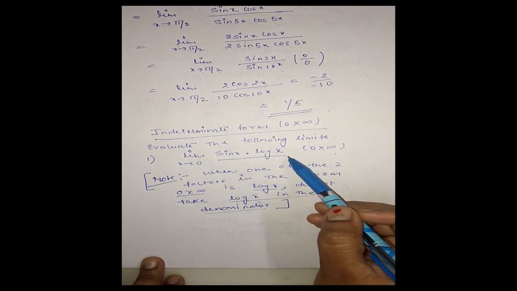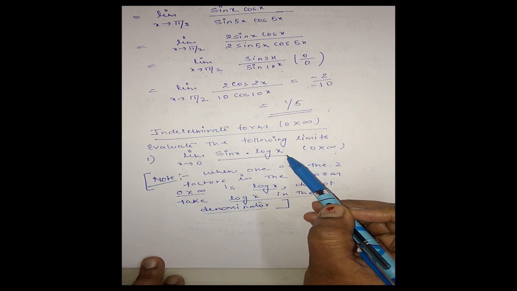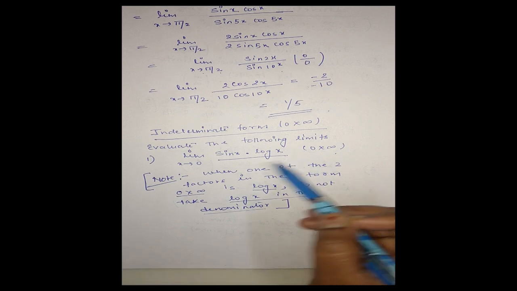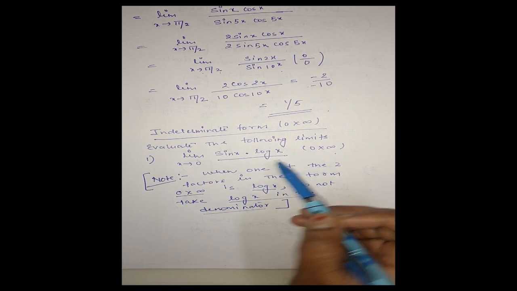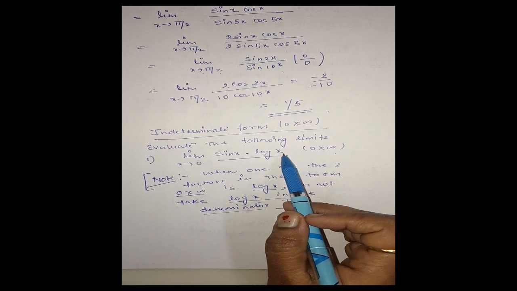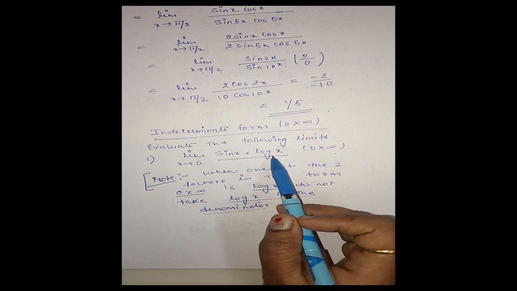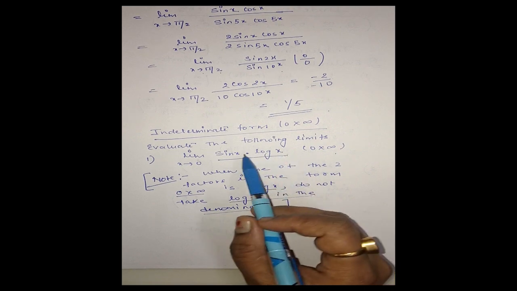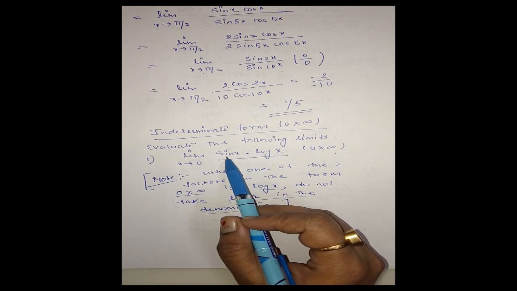Means here we have sin x into log x. One of the factors is log. In order to have the form like 0 by 0 or infinity by infinity, we have to take one factor in the denominator. But whenever we have a problem in which one of the factors is log, then don't take log in the denominator. Take the second factor in the denominator.